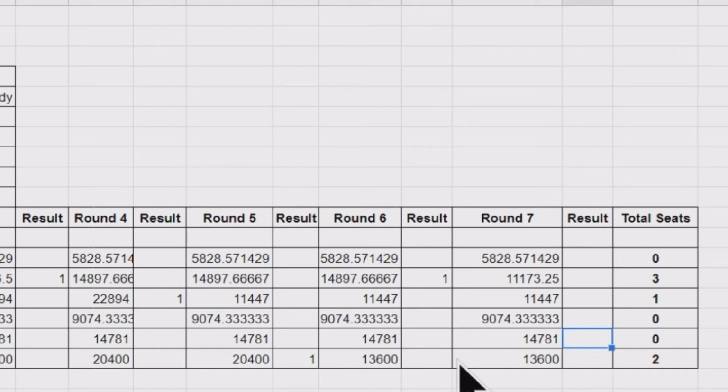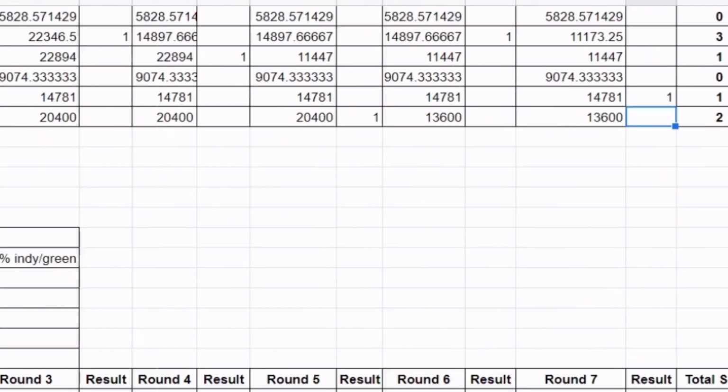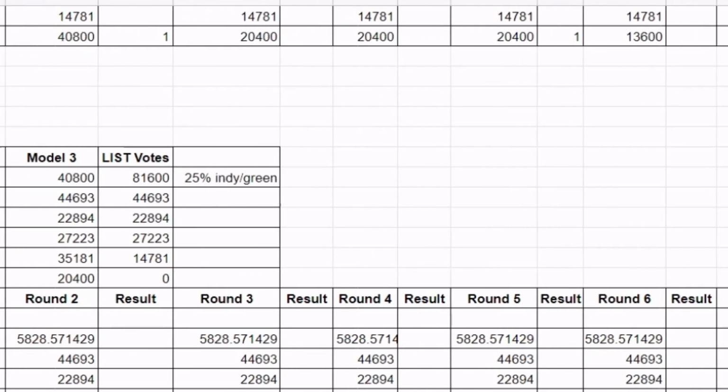Is that right? Just double check. 14789. Yes, it is. We missed one. Oh, no, we've not. I'm just adding it up wrong in my head here. So that gives 3 Tories, 1 Labour, 1 Green, and 2 Indie. Alright, that's 3 Indie bums on seats and 4 Unionists bums on seats as well.